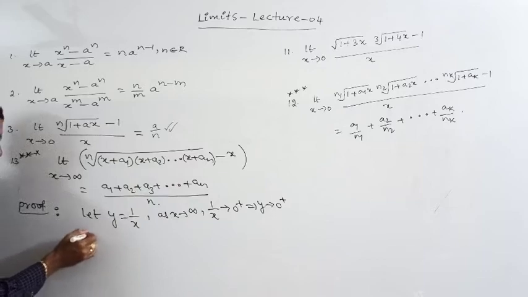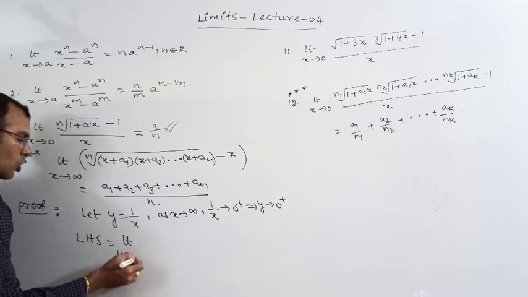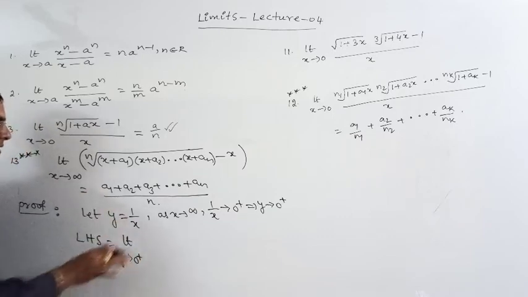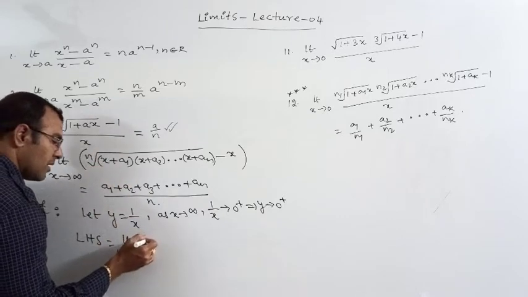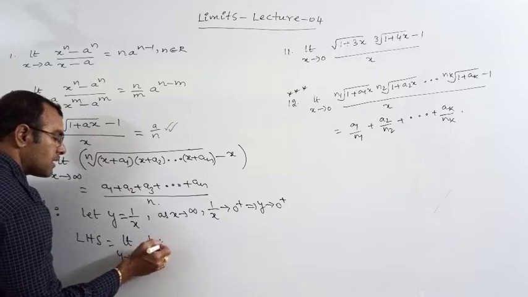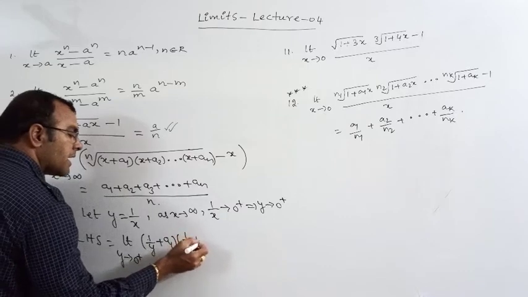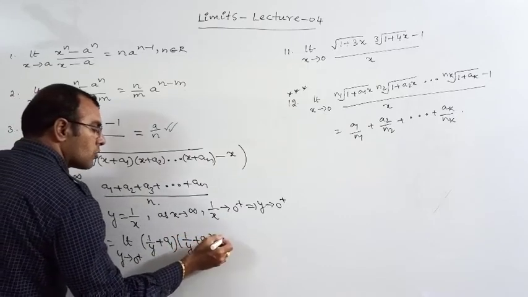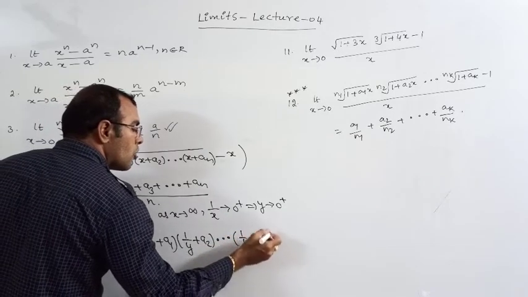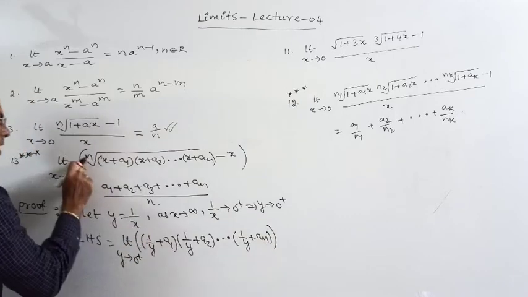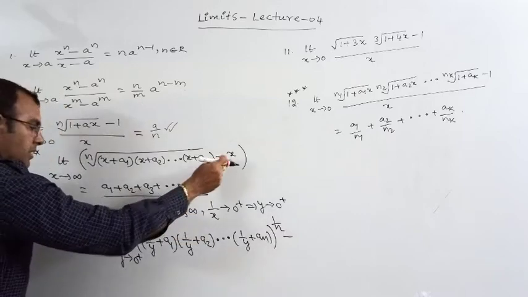So LHS equals limit y tends to 0 plus. We will substitute x equal to 1 by y here. 1 by y plus a1, 1 by y plus a2 and so on, 1 by y plus an, whole power 1 by n, minus x, meaning 1 by y.